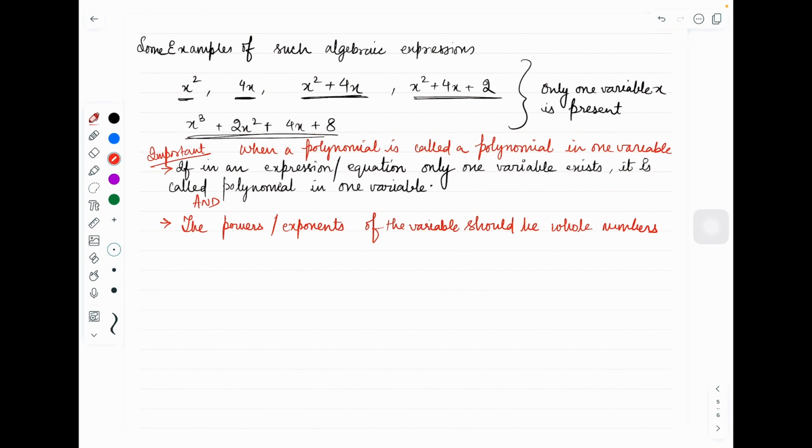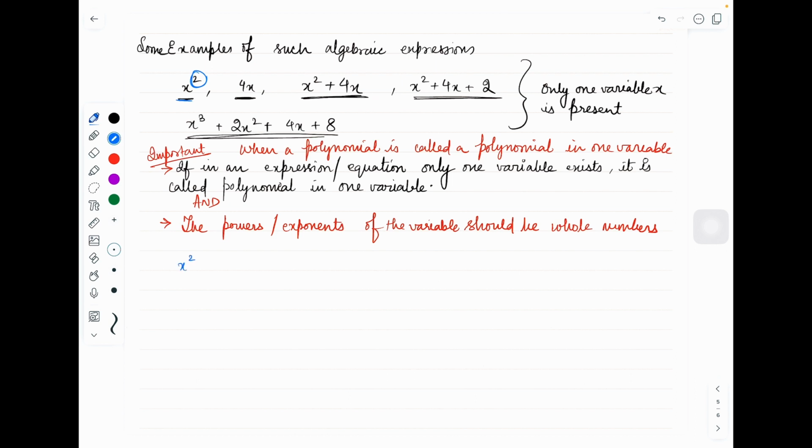See here, what I am telling you is, in x square, only one variable is there and the power is 2, which is a whole number, so it is a polynomial in one variable.